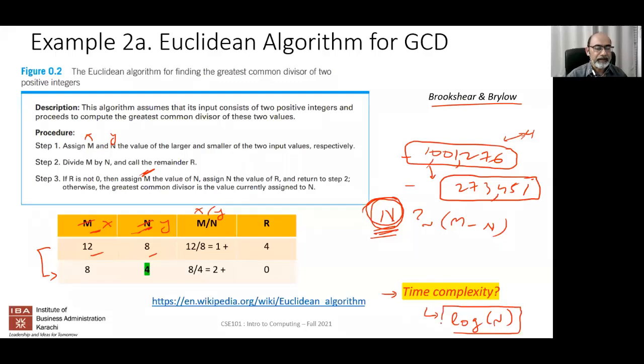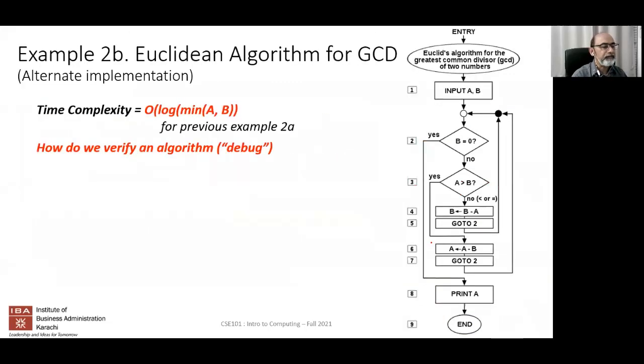And we'll see later why this is not linear in n, and in fact the answer is log of n. But the next question again is, what is n? So n is somewhat similar to what somebody said, the difference between the two. It's not exactly the difference between the two, but the actual complexity is given by the following expression.